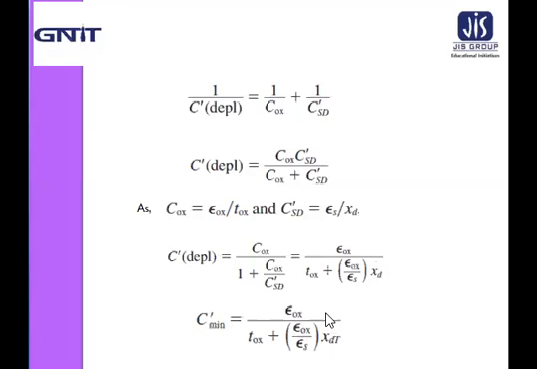As the space charge width increases, the total capacitance, that is C prime depletion, will decrease.